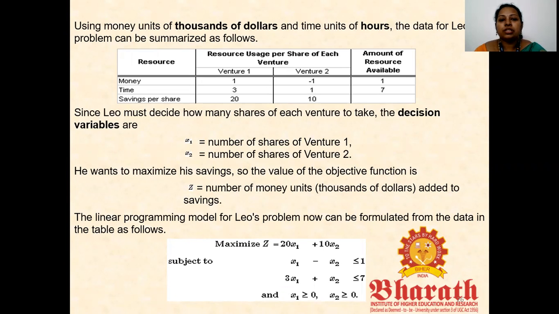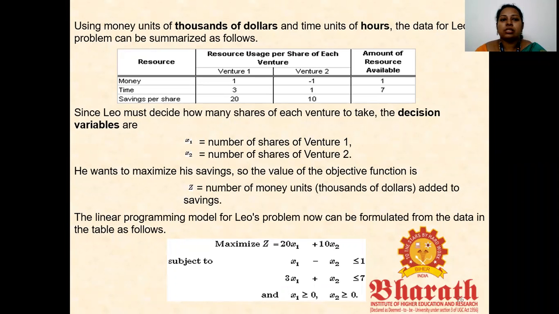The saving per share for venue 1 is $20,000 and for venue 2 it is $10,000. Therefore, the objective function is to maximize z equal to 20x1 plus 10x2.